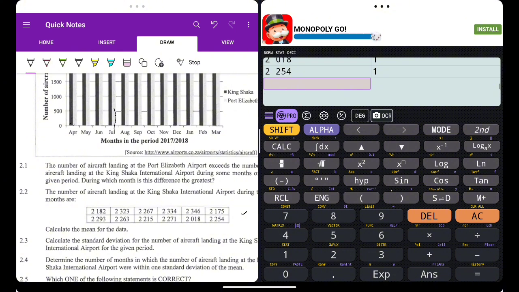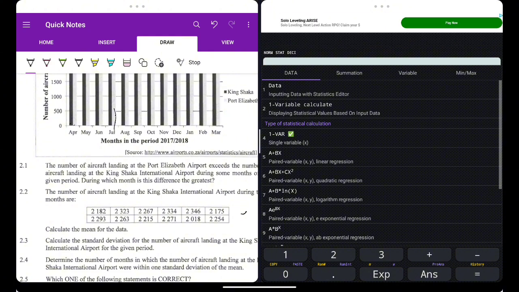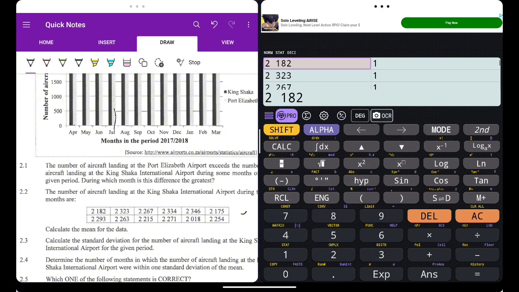Right. So when we are done with that, then we can cancel, and then we press shift, then the 1, and then we go to our VAR. Okay.